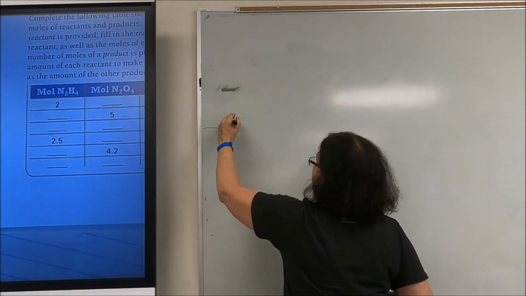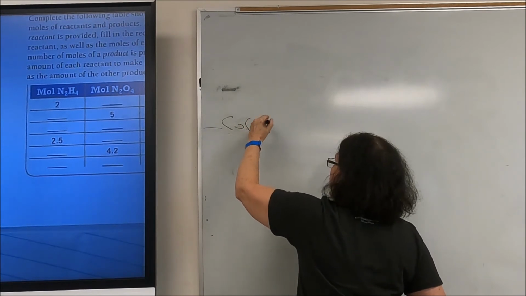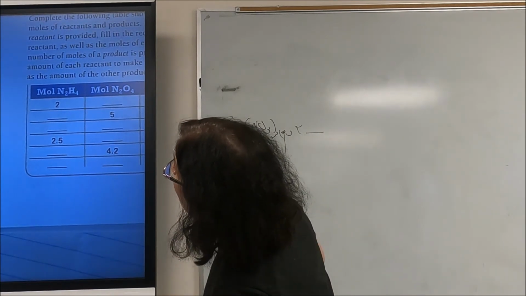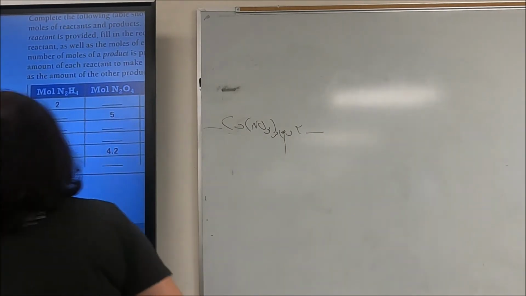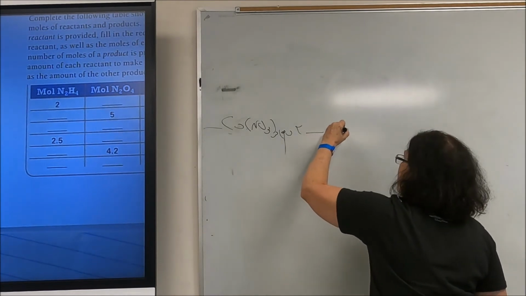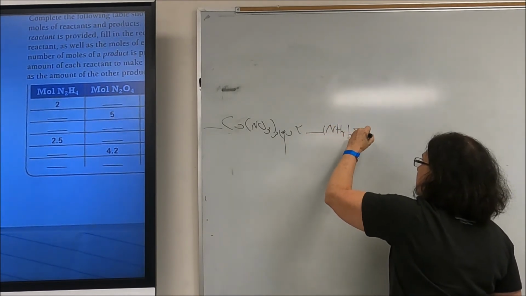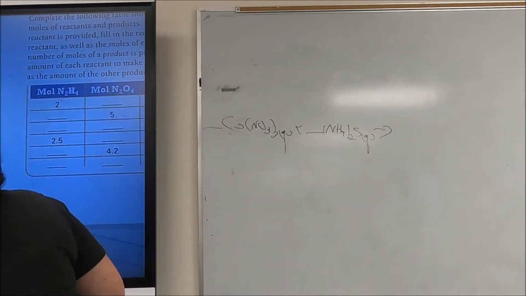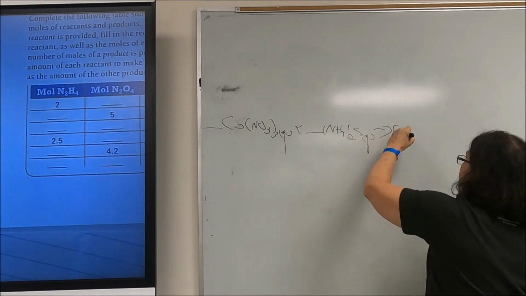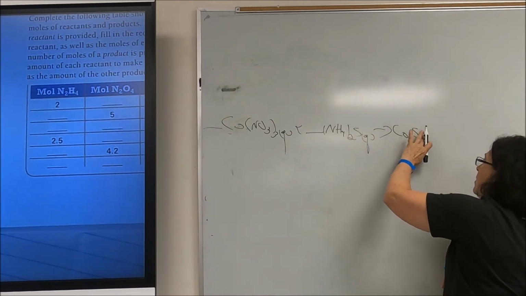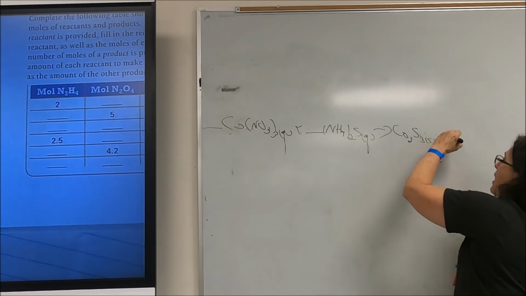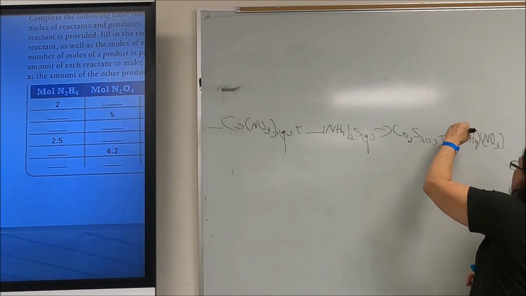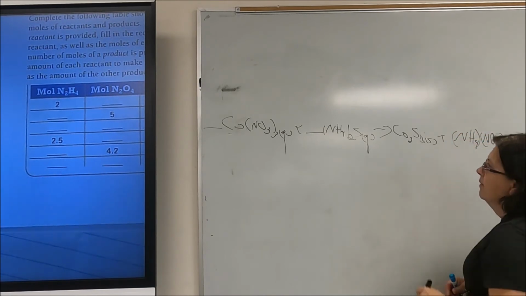So we have cobalt-3 nitrate, aqueous, and it's reacting with ammonium sulfide aqueous, to give us cobalt sulfide solid, cobalt-3 sulfide, and ammonium nitrate aqueous.